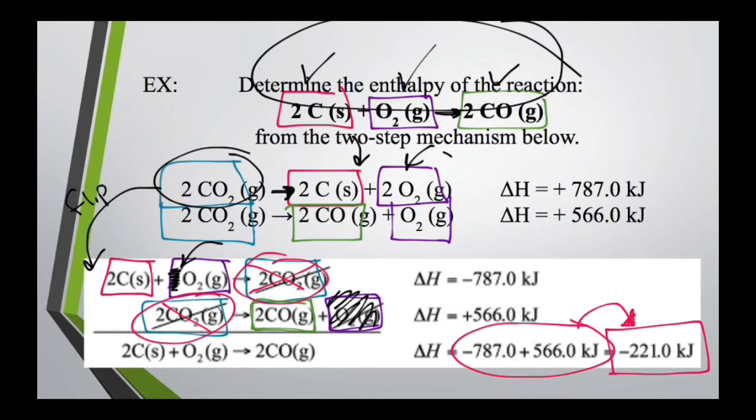And you're always going to make sure that it matches the units on each of those delta H's that you're given. So kJ is kilojoules, and that is going to be a very common unit for these enthalpies and other energy values, this unit.